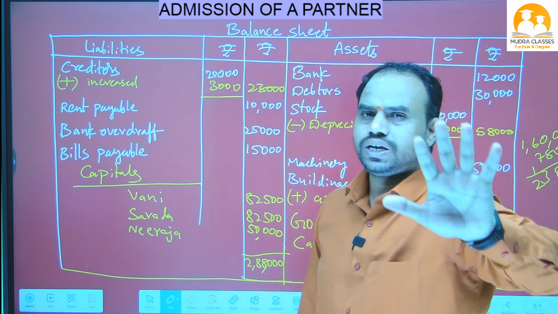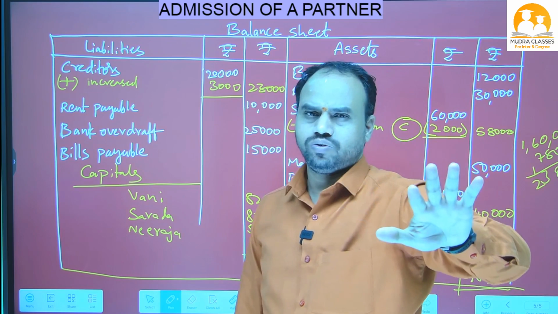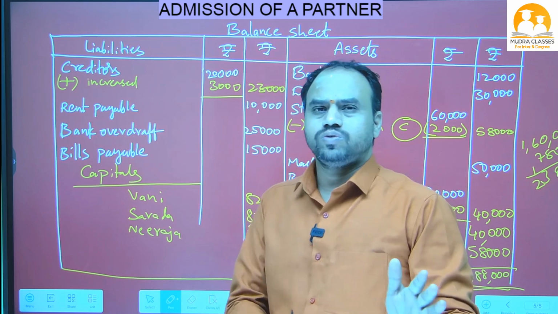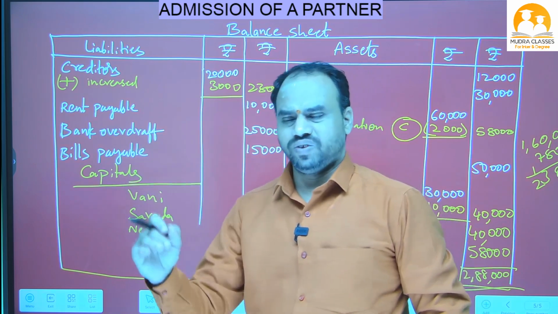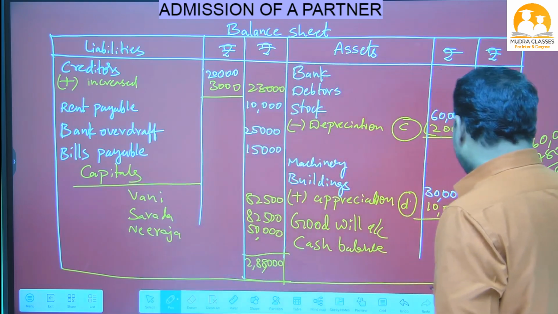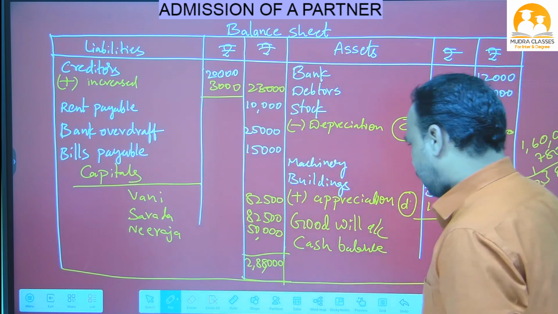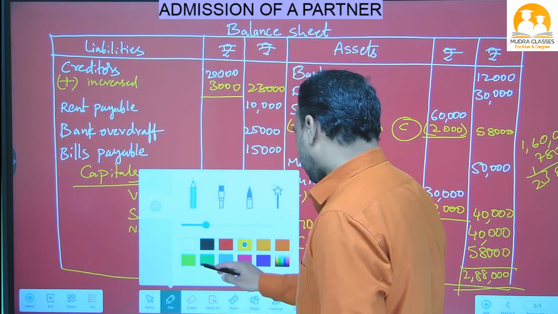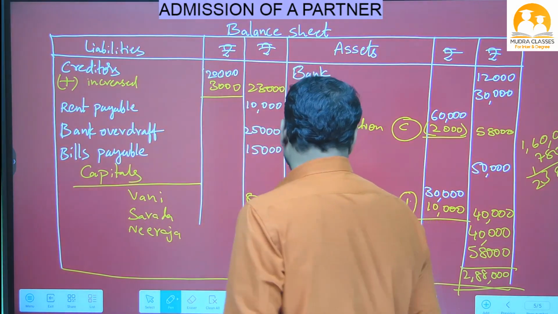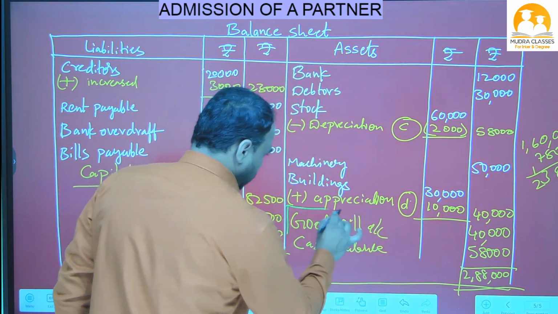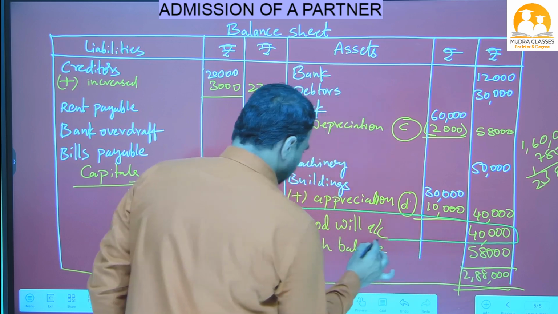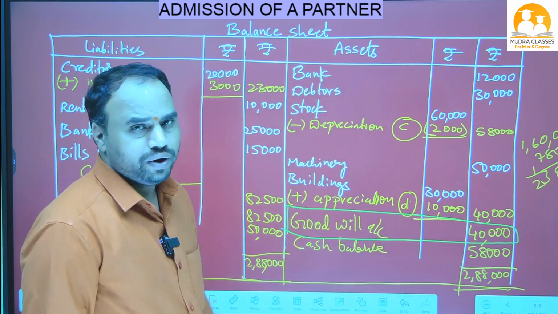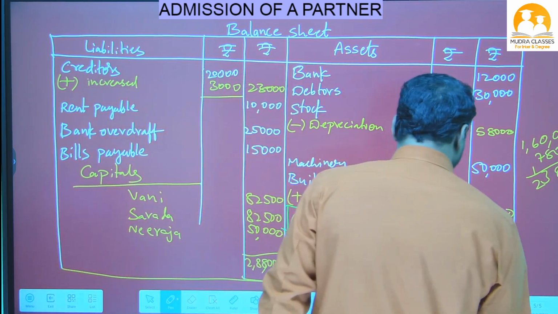In each situation, in each case, practice one or two problems, and after practicing, highlight what the difference is between one problem and another problem in the question. For example, in this problem, do you know what new item we got? In this problem, what we got new, I will show you here. In the balance sheet we got a goodwill account.